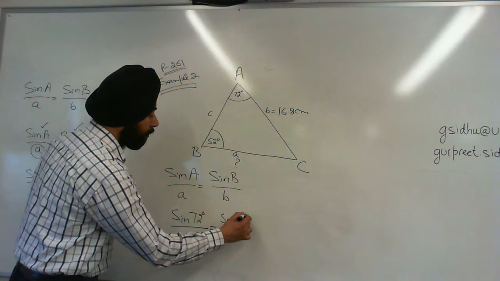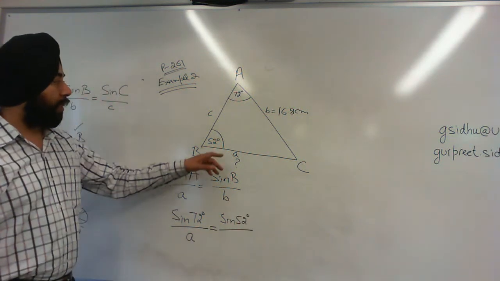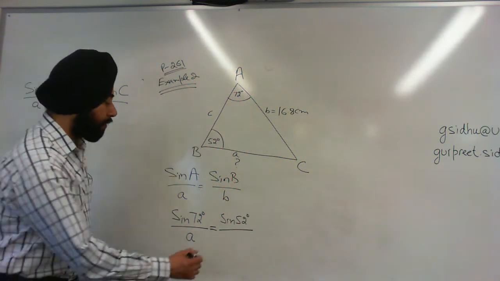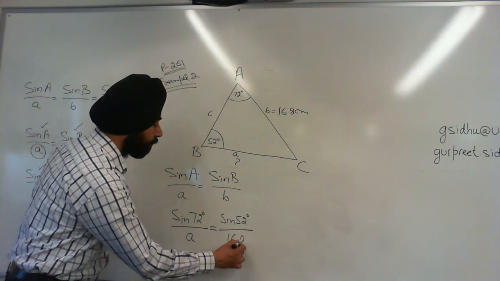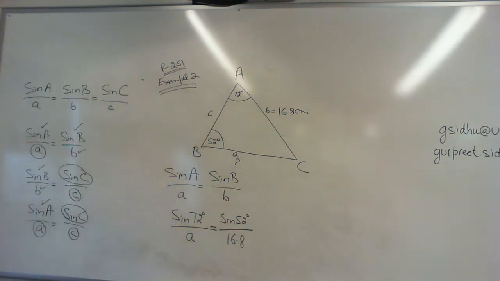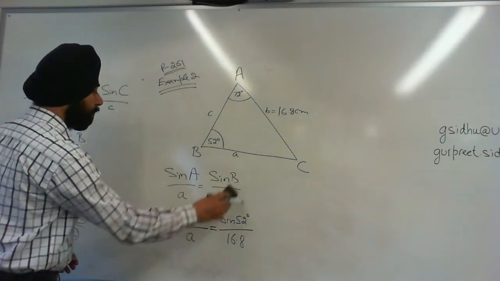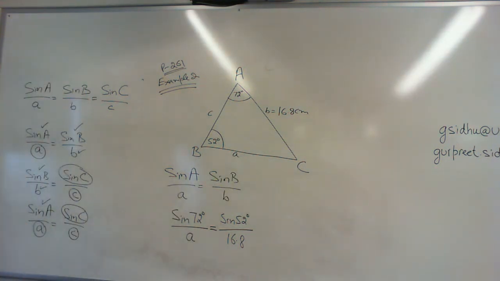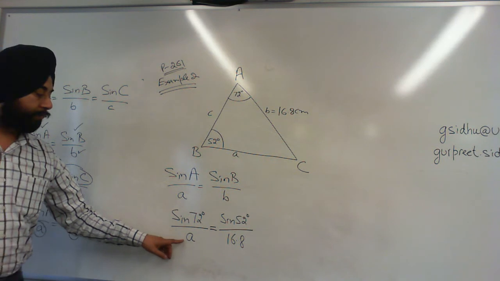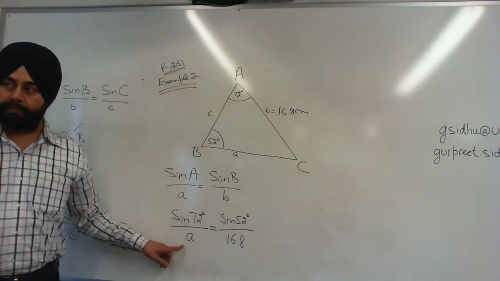Sine 52 degrees divided by length B, which is 16.8. Now you have to solve it for A. A is your unknown. What will you do?